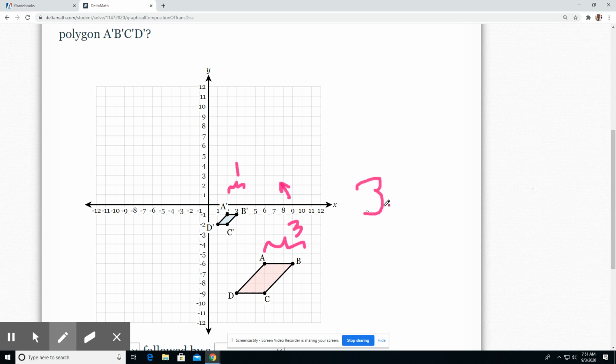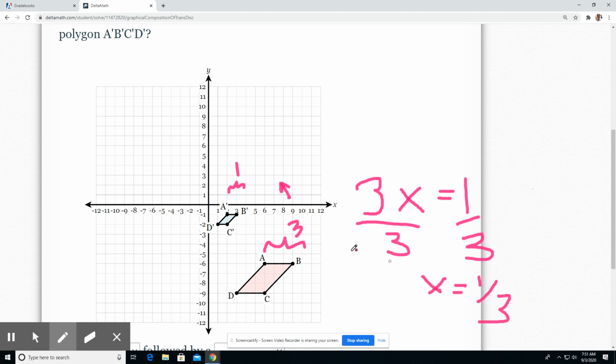We can even do it like a math problem if you want. 3 times what number equals 1? If we divide both sides by 3, it turns out that x is equal to 1/3 in this case. And when I say x, I'm using that as my scale factor. So this is a dilation. So the first one I would do is a dilation of 1/3.